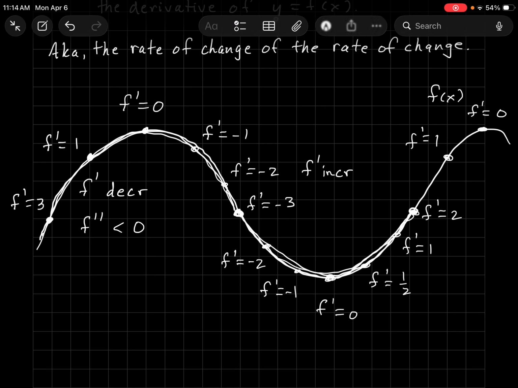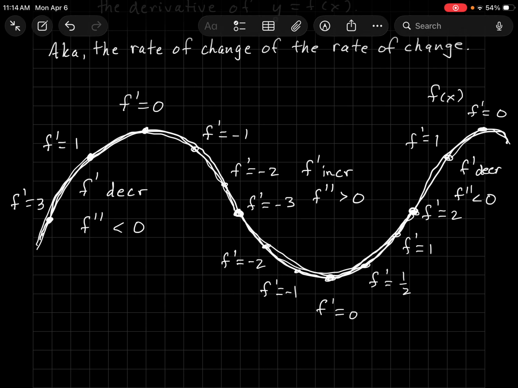That is, f prime is increasing. And if anything is increasing, in this case f prime, then its slope is positive. And then once again, on this final interval, we see that f prime is decreasing, so f double prime is negative.